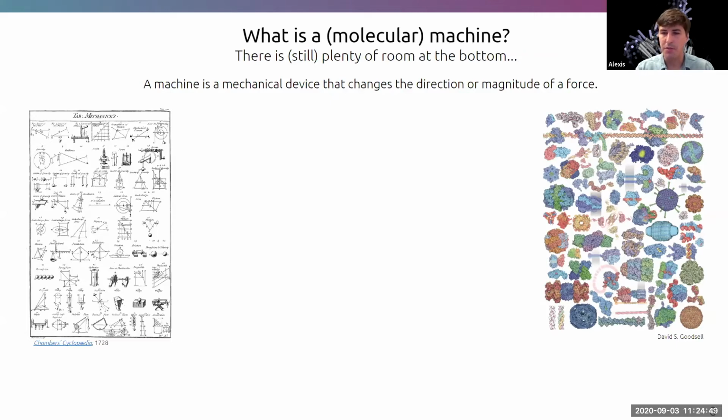Nature came up with the same concept, where there are little modules that have evolved to be extremely efficient at processing energy or information, and then you see this evolution of an incredible collection of machines that allow life to perform the function of the cell.